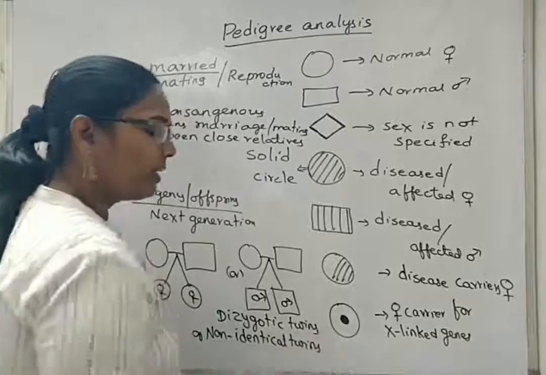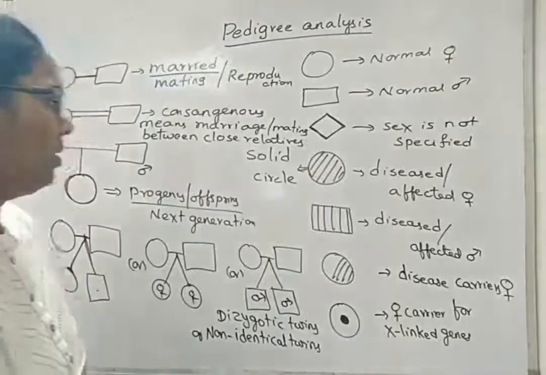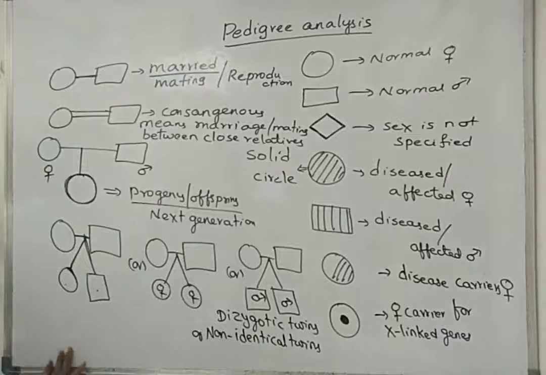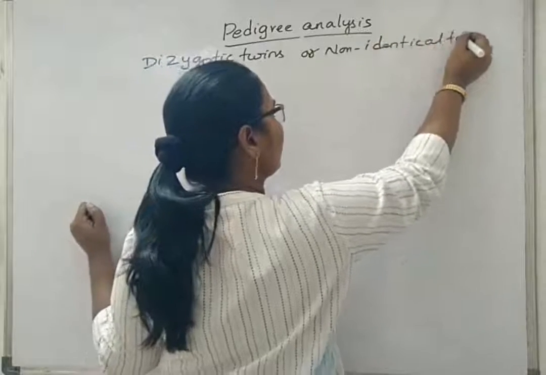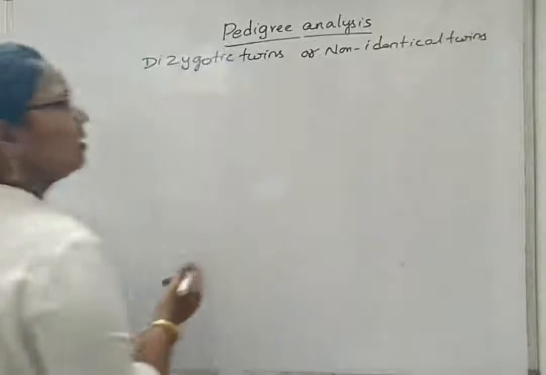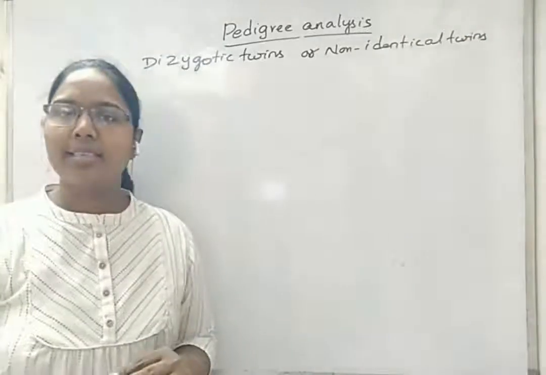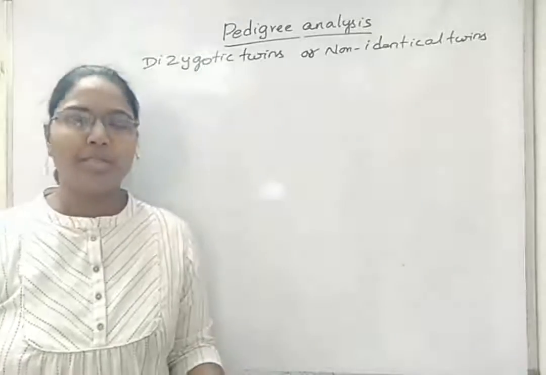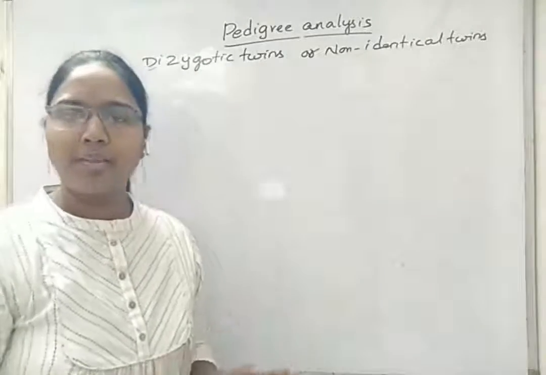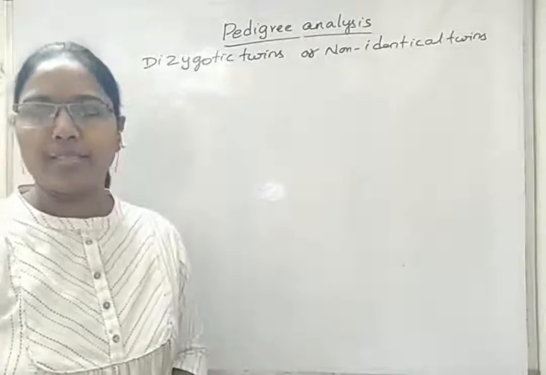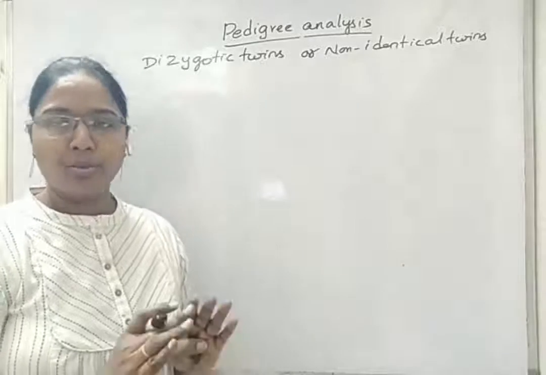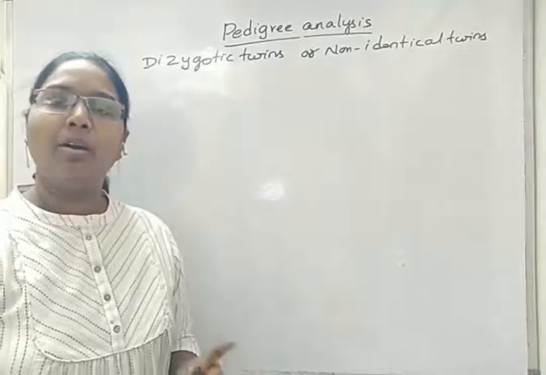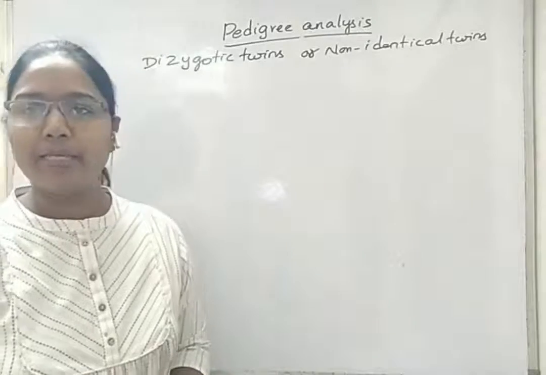Now, what is meant by dizygotic or non-identical twins? Just have a glance at this chart on the board. It means that two eggs are fused with two sperms at a time and have given out two offspring. Either both offspring can be female, or both can be male, or it can be one female and one male baby.